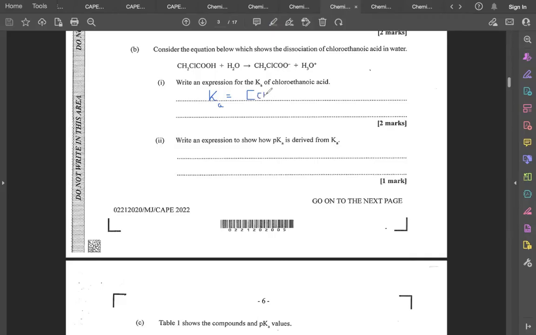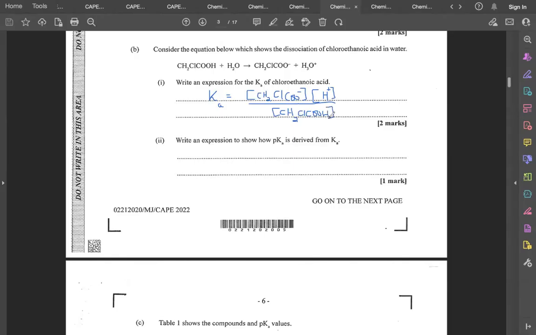CH2ClCOO minus times H+, right? The H+ concentration at equilibrium divided by the concentration of our chloroethanoic acid at equilibrium. Are you good with writing expressions for Ka? Are you okay with this stuff?